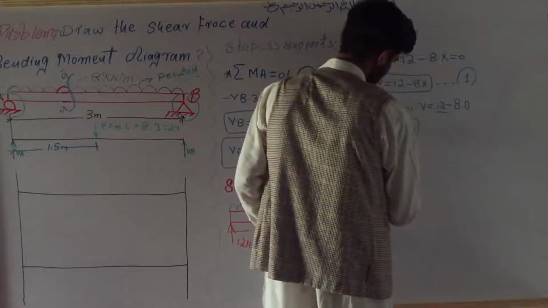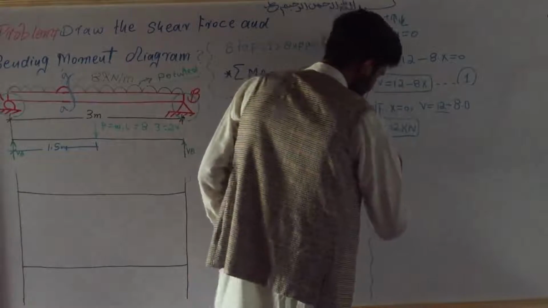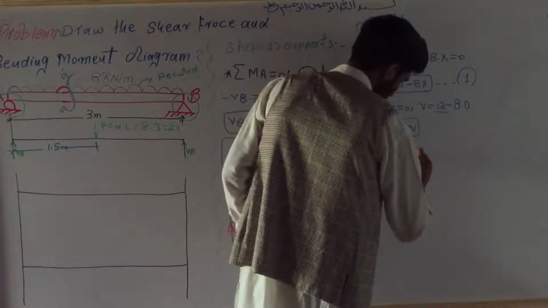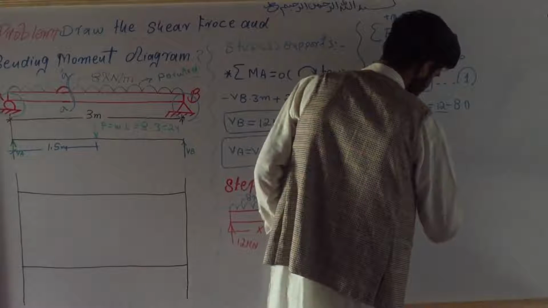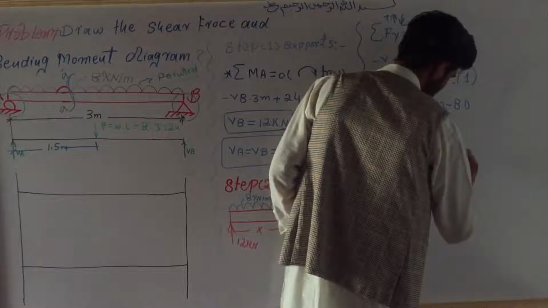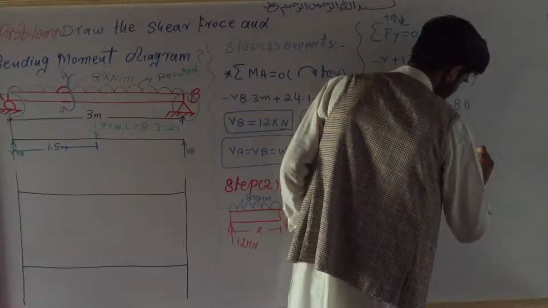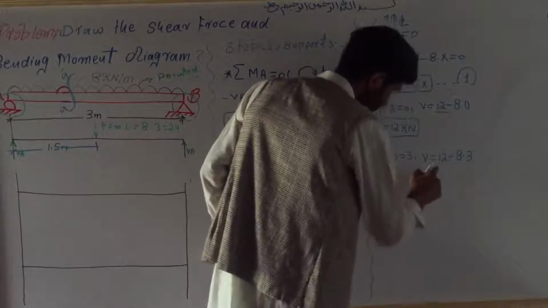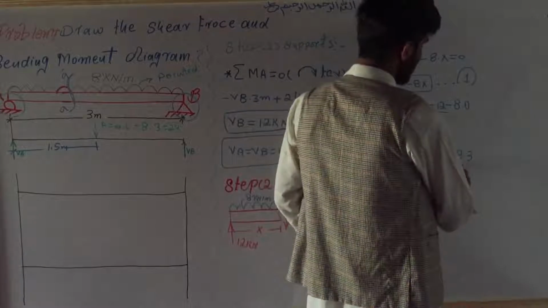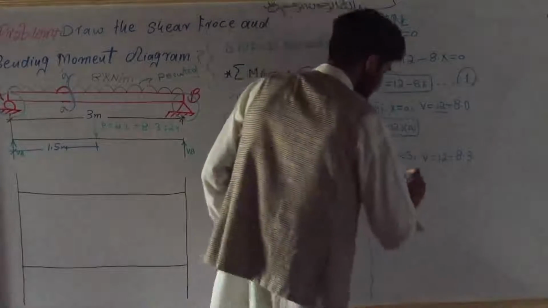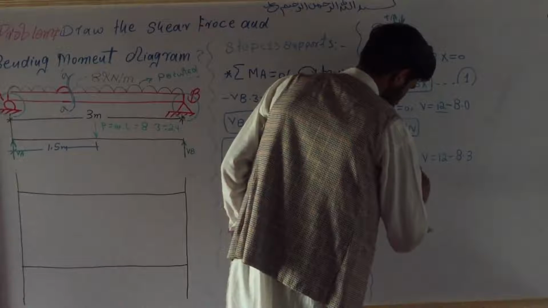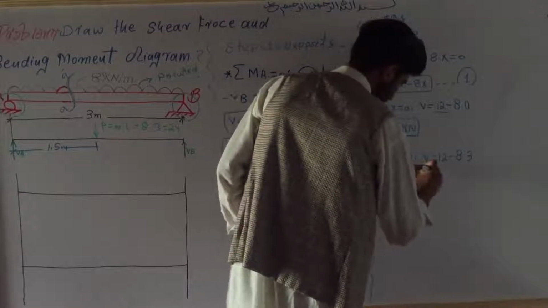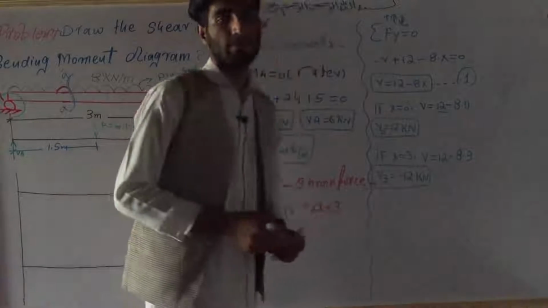This is our V0. If X takes the value 3, then V equals 12 minus 8 times 3, which is 12 minus 24, equal to minus 12 kilonewton. So this is our shear force.